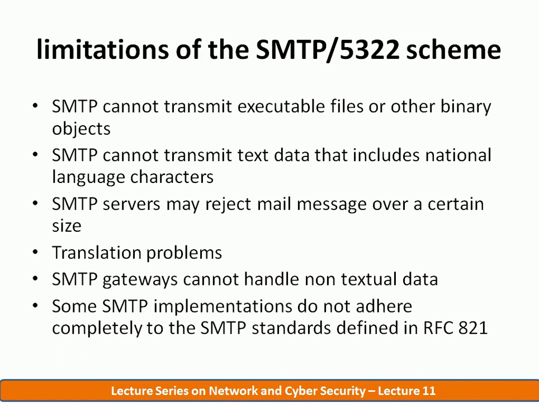MIME includes a few more headers in the header field, and it also defines standards for multimedia files and for transfer encoding. We will see all those in the next lecture.